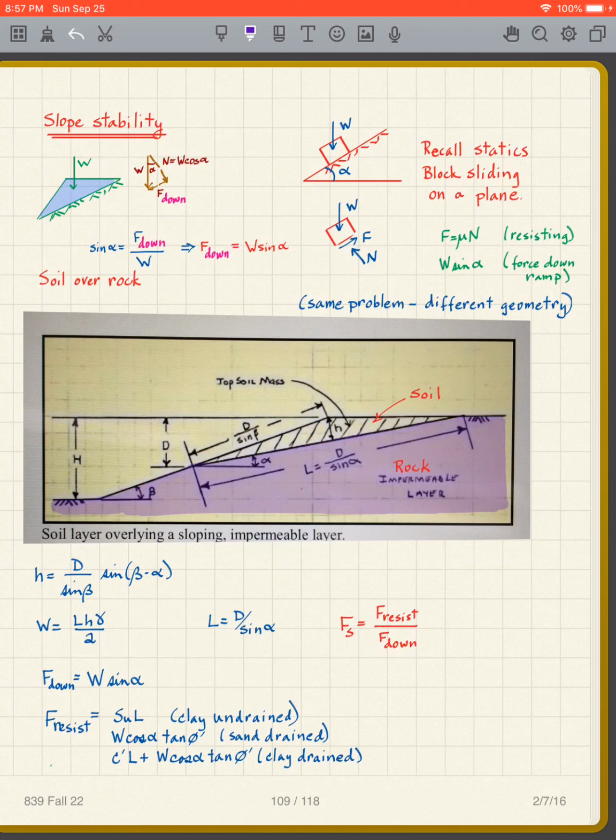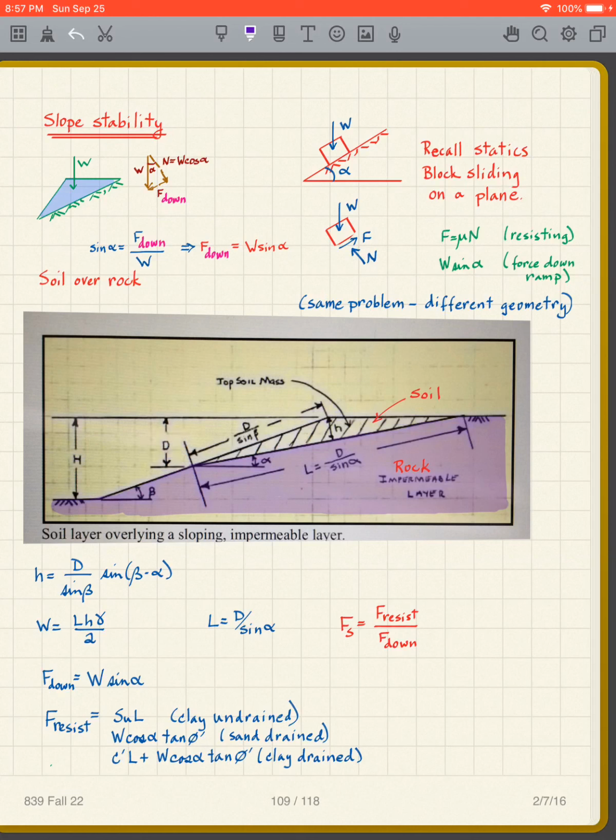Okay, so this is the geometry that we're going to use here. We have this is our bedrock, and this is our soil wedge, and we define some terms. We have this H here, this is the base of the hillside, and that's H. D is from the bottom of the wedge to the top of the hillside.